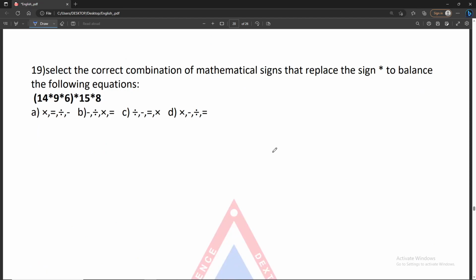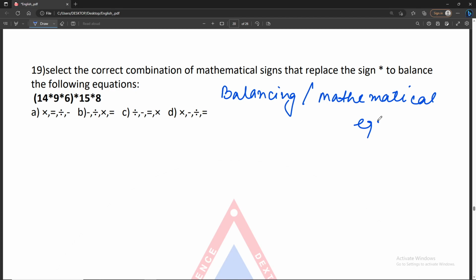Next question is for balancing, or you can say mathematical equation, where star sign is given so that you can put these values in the star mark to make it balance.